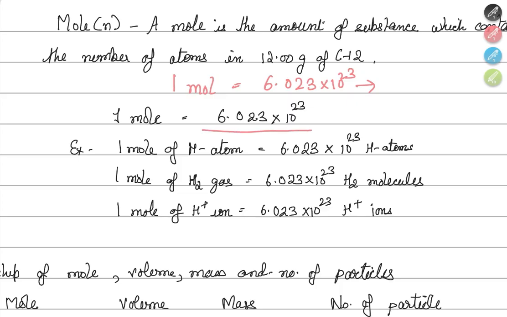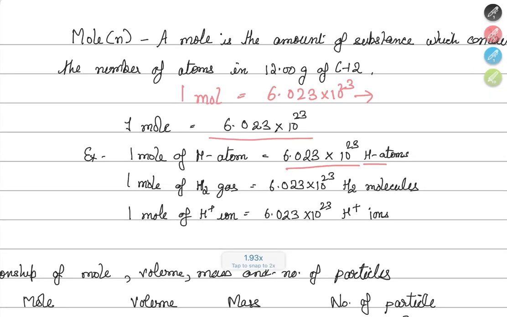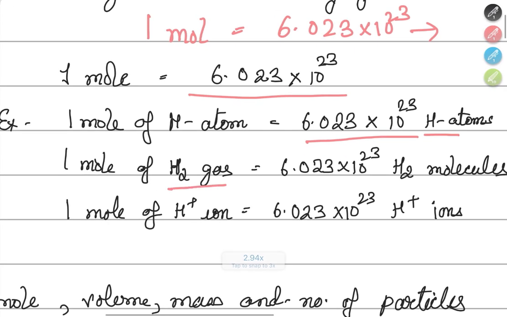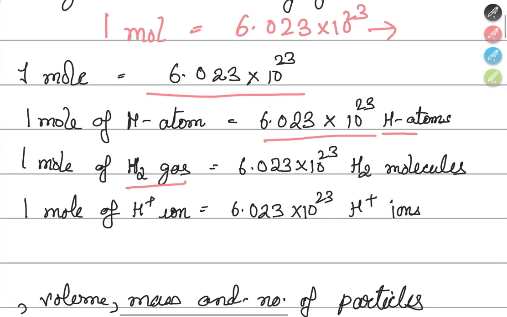Now, if we say one mole of any atom, then we mean 6.023 × 10^23 hydrogen atoms, like I have written here. If I am talking about one mole of hydrogen gas, that means that many hydrogen molecules are there.